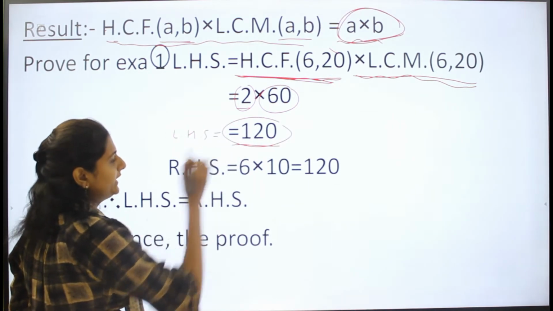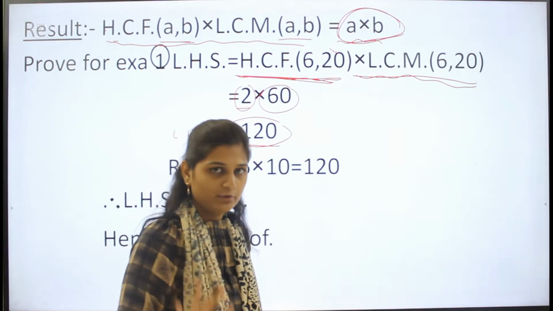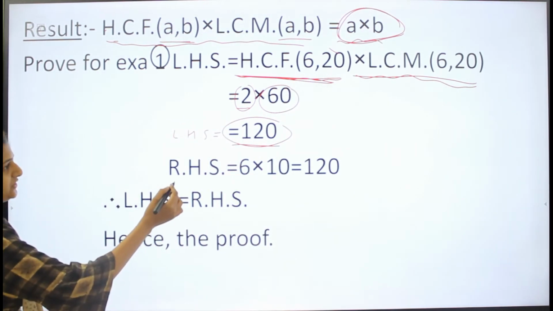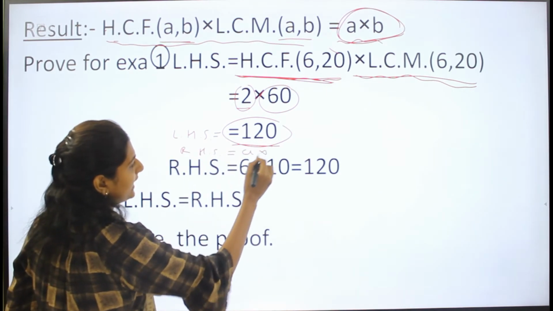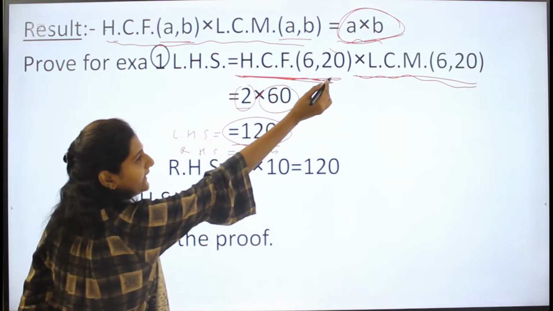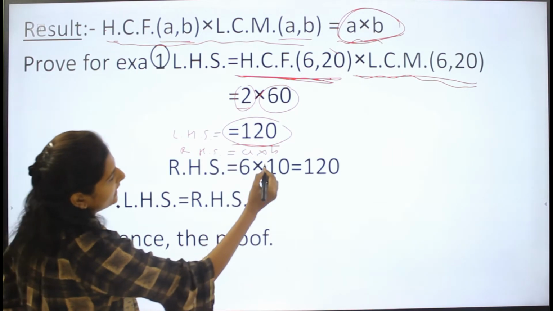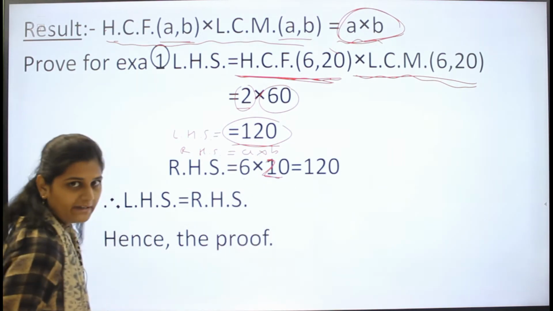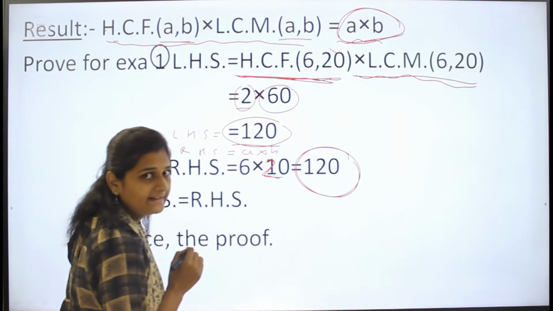Now we want to verify whether it is equal to the RHS or not. What is our RHS? In the RHS we have A multiplied by B. Our A and B values are 6 and 20. Multiplying 6 by 20, you get 120.